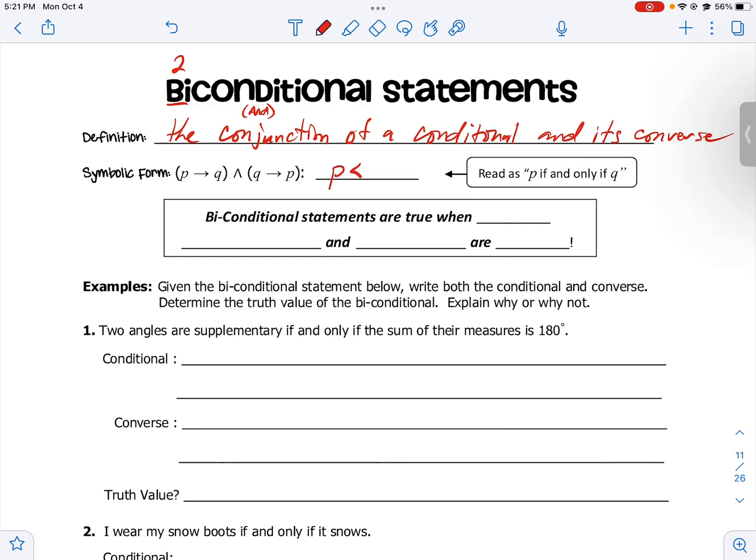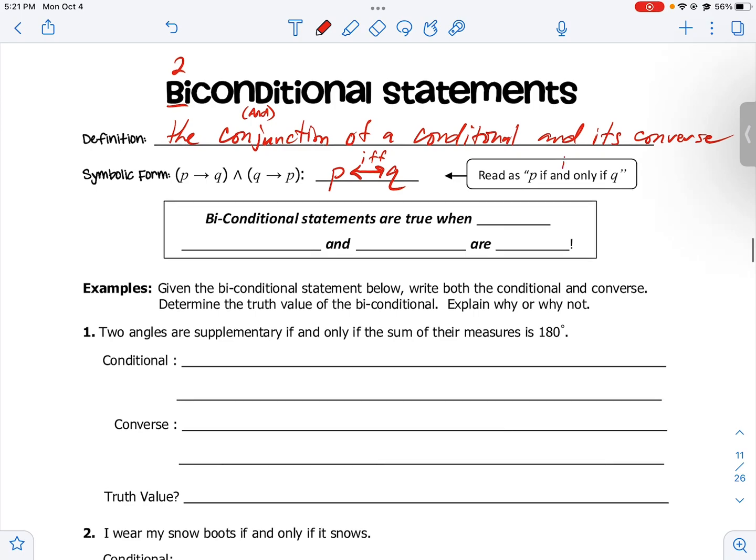So we write that like this, P and then Q. And what this stands for is "if and only if." You can actually write the "if" with a lot of F's, because "if and only if" can be read as "iff," with two F's.